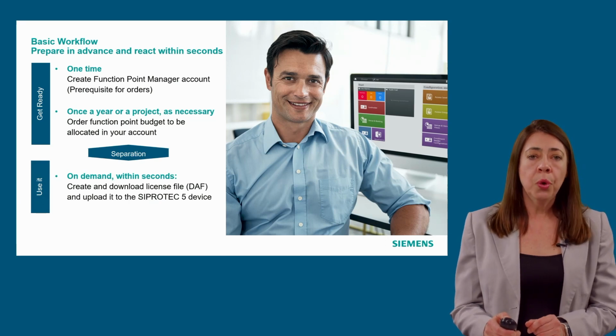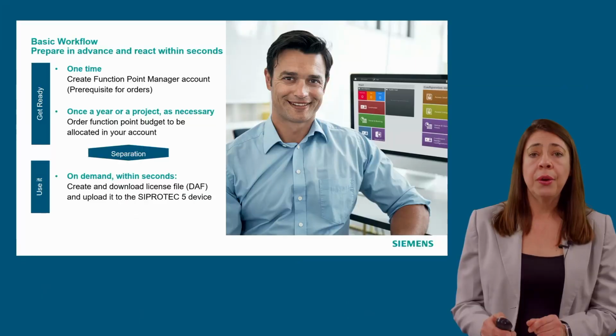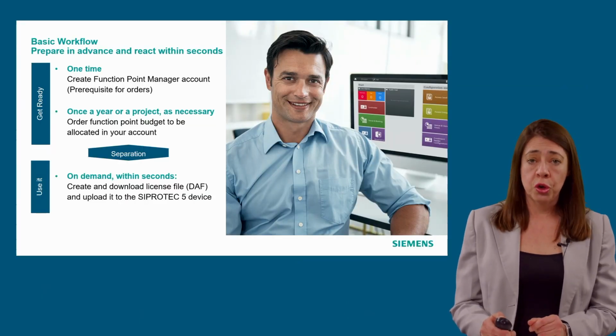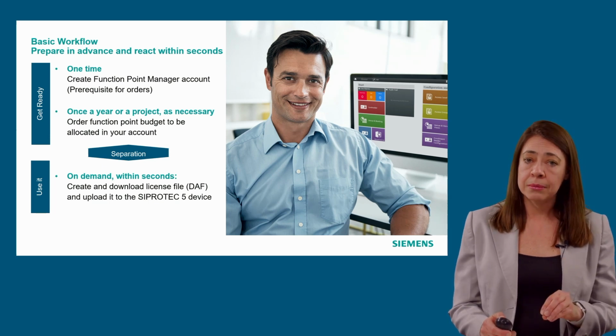The workflow in the Function Points Manager is really simple. First, you get ready by creating a user account and ordering a budget of function points. You don't have to pay for them at this time.